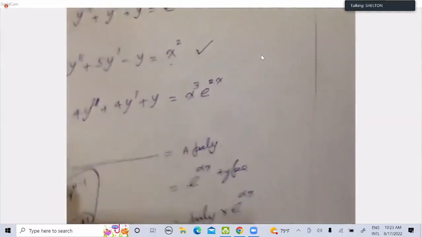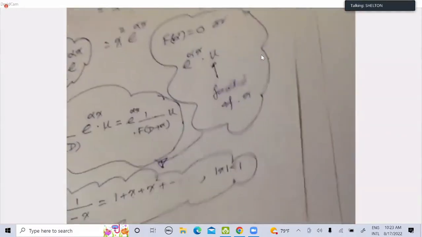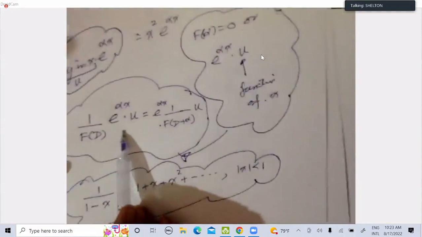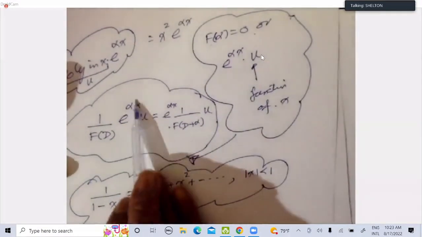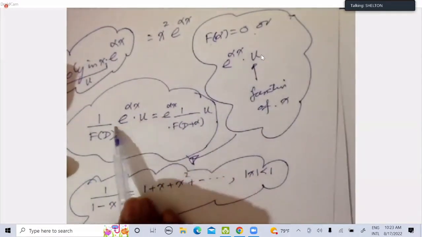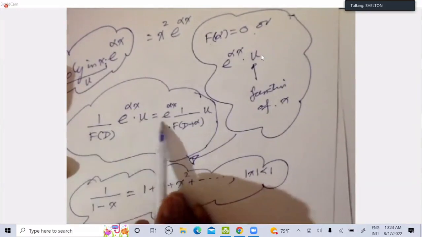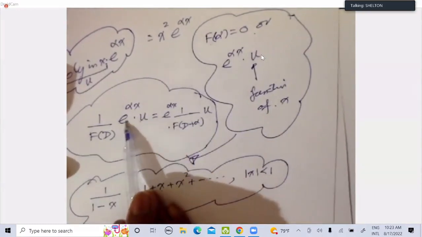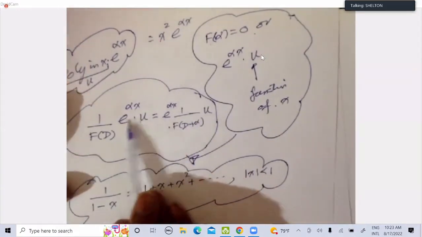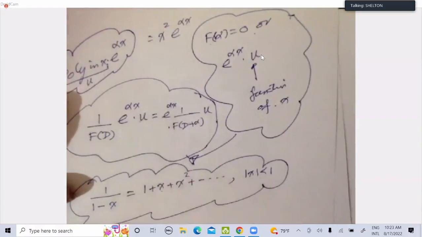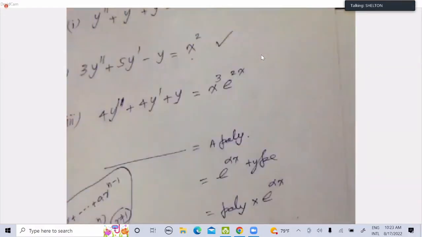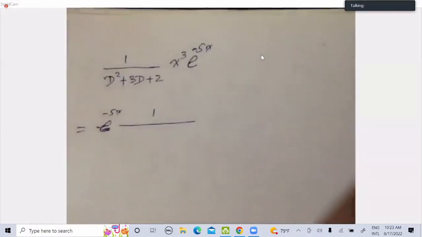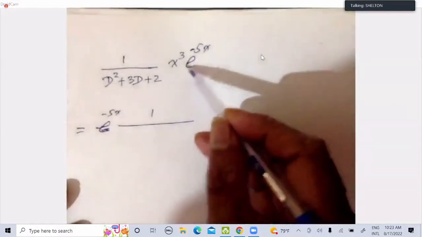We use this result. It's x cubed times e to the alpha x. I have written it the other way because I wanted to factor this out. It's better to have it written there, but you can use it either way. It equals e to the alpha x times 1 over d plus alpha.